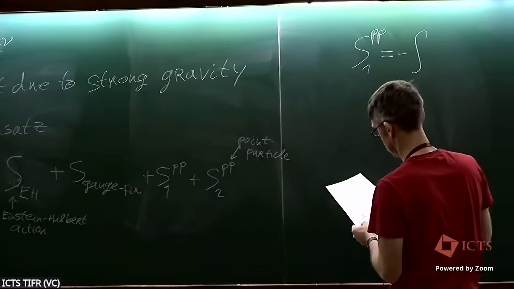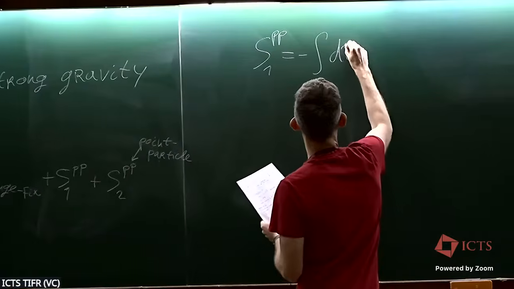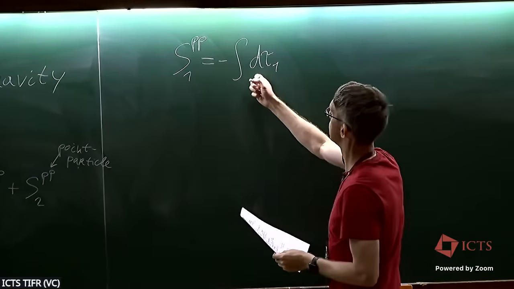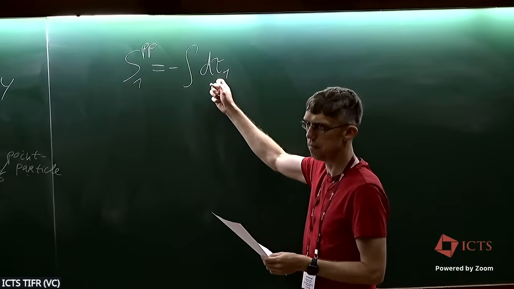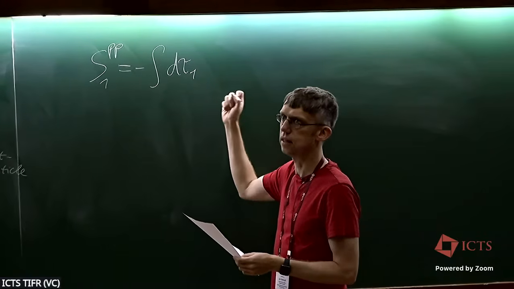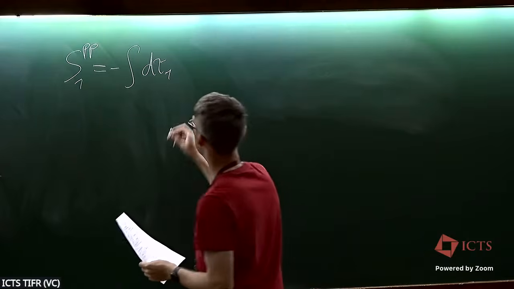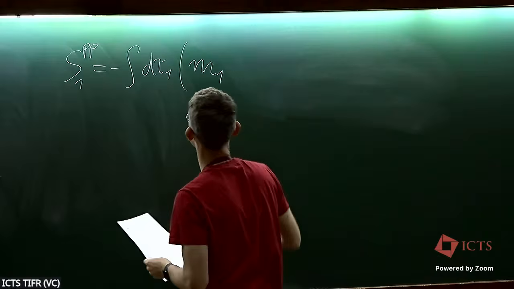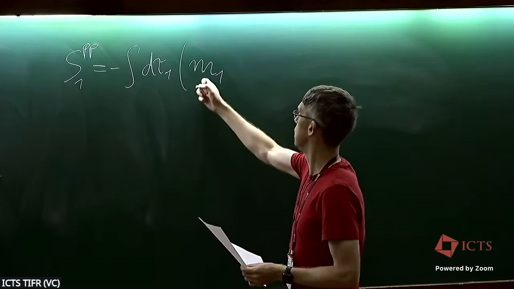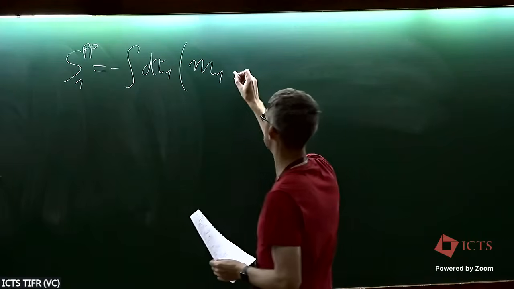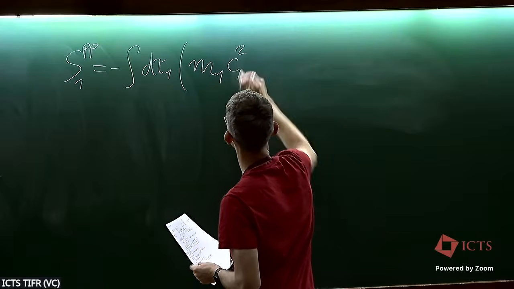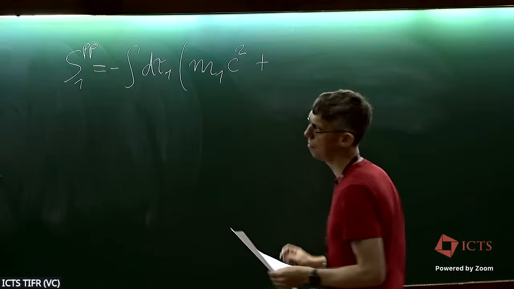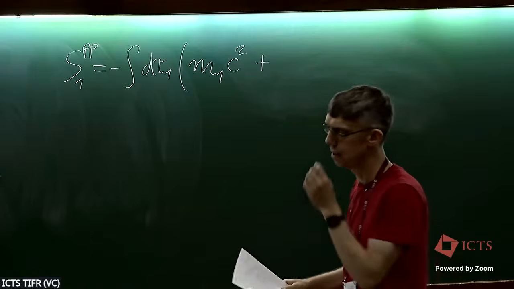So we will just say that the point particle action is, well, an integral over the proper time. So we want to make this a covariant ansatz. And the first term is just a constant, right? Let's call this M1. And if this should have the dimension of a mass, you would need to put a c squared here. But then there can be corrections to that.